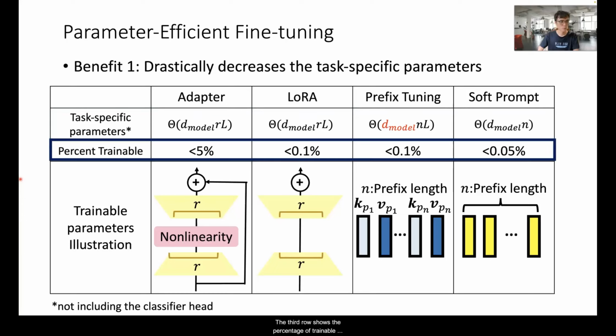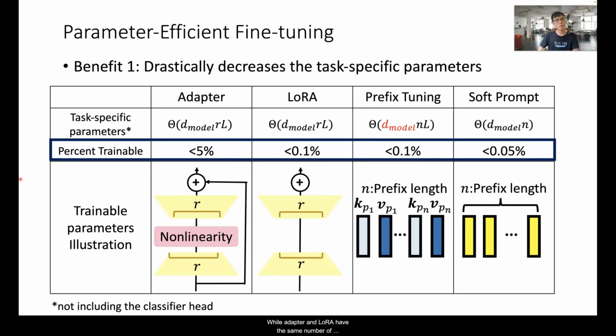The third row shows the percentage of trainable parameters for each downstream task, compared with fine-tuning the whole model. As one can see, using parameter-efficient fine-tuning, the number of trainable parameters is less than 5% of fine-tuning the whole model.